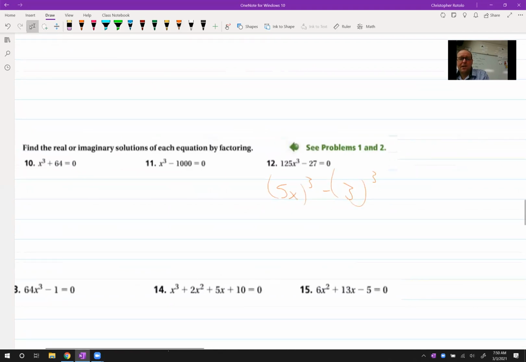Okay, so that's going to take care of the 5x minus 3, but I also need 5x squared. I need to multiply the 2 together, so I get 15x, and then I need 3 squared. So if you're kind of on the fence with that one, I totally get it, and we'll work through those as well. But I just want to show you that they both have to be perfect cubes, and we can proceed from there. All right, we'll work on it in class.